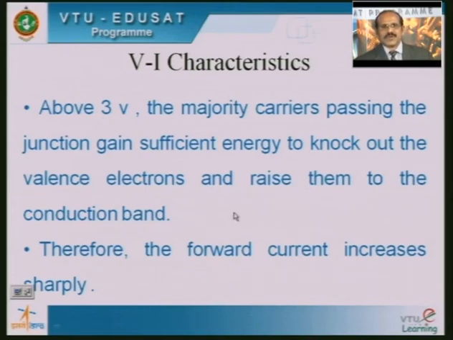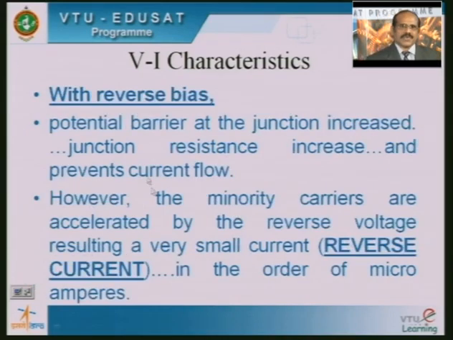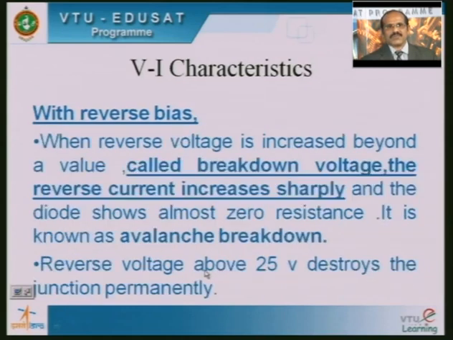So the forward current increases sharply here, whereas we have seen that whenever the semiconductor diode is reverse biased, the potential barrier at the junction is increased, and junction resistance increases and prevents current flow. However, the minority carriers are accelerated by the reverse voltage, resulting in a very small current called the reverse current, which is in the order of microamperes.